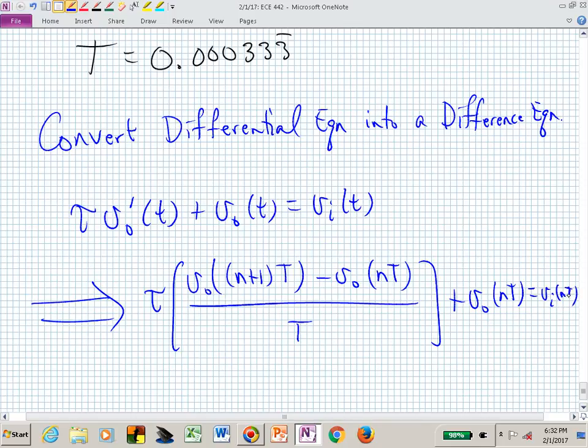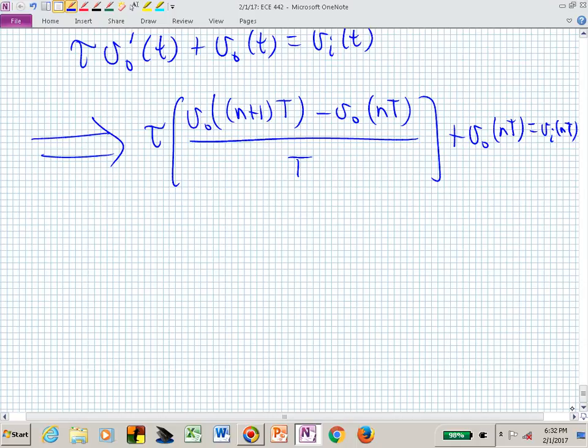So I've sampled my differential equation, replacing the t with little n capital T. I'm now sampling every 0.00033333 seconds.